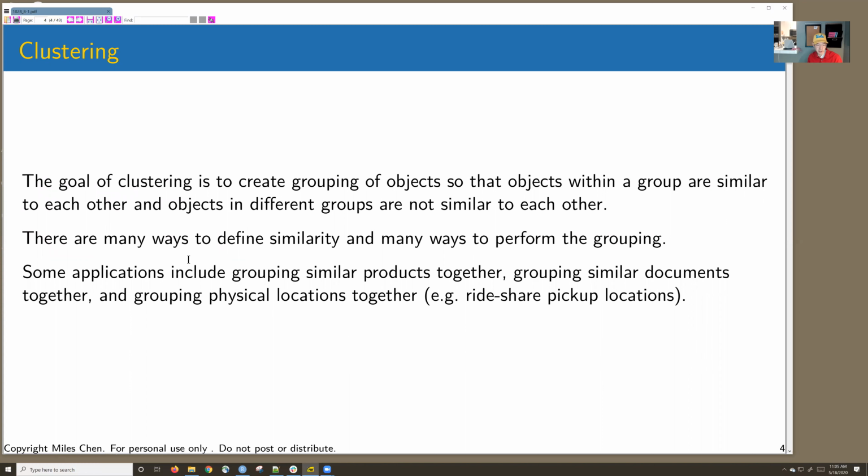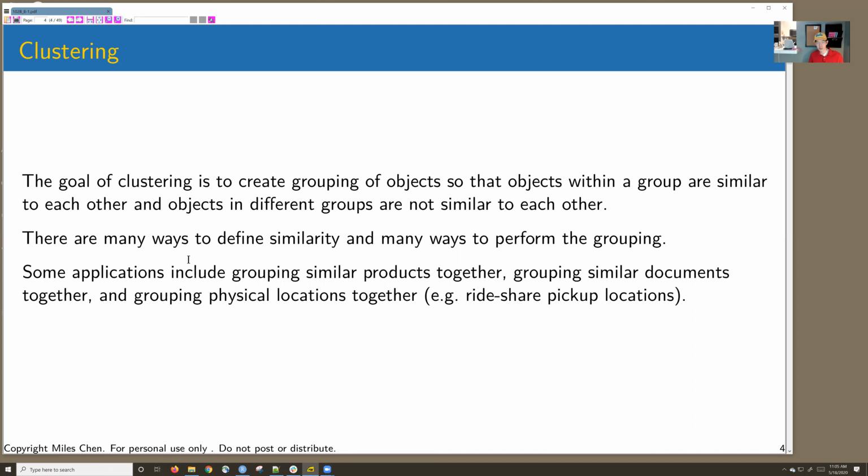Clustering is what it sounds like: you're going to try to create clusters, groups of objects or observations that are similar, so that the difference between the observations within a cluster is small and the difference between the clusters is great.